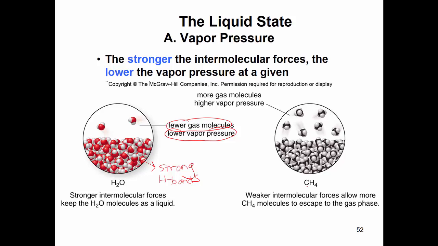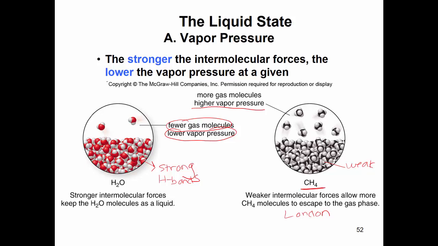Whereas over here we have methane, which is just a nonpolar, only has London intermolecular forces. Therefore, these are weak interactions holding the methane molecules together. So more of those methane molecules want to go into the gas phase. Therefore it has a higher vapor pressure because you have more gas molecules.